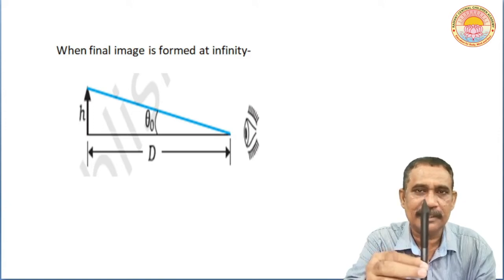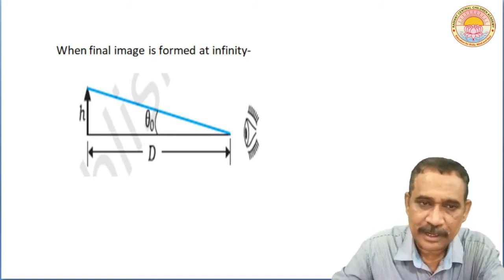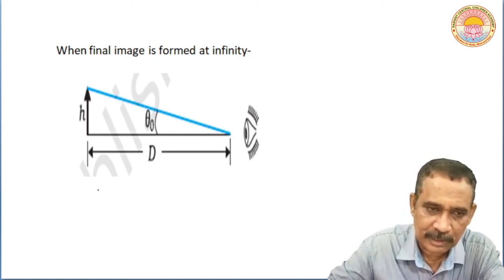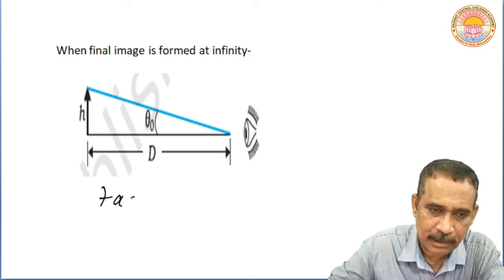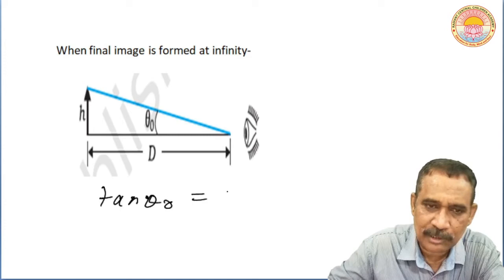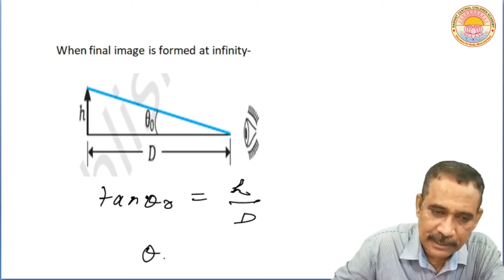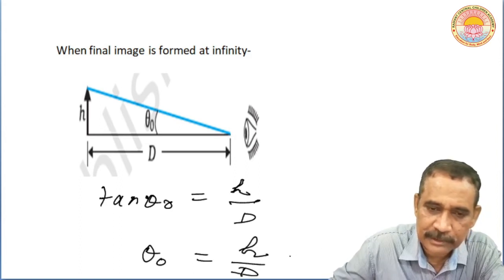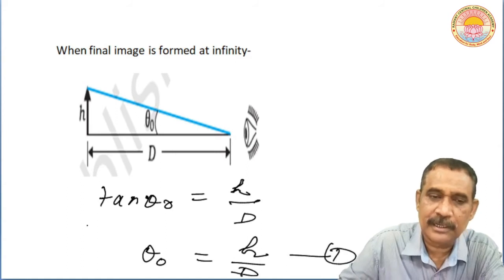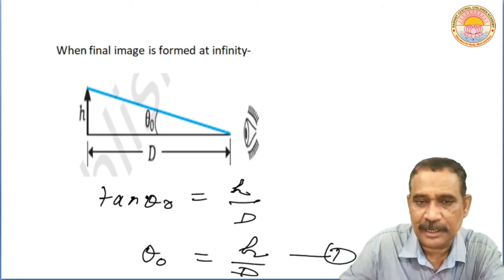So tan theta naught equals perpendicular by base, h upon D, and this is a very small angle, so theta naught is equal to h upon D. This is the first equation. This is the angle subtended by the object at the eye.